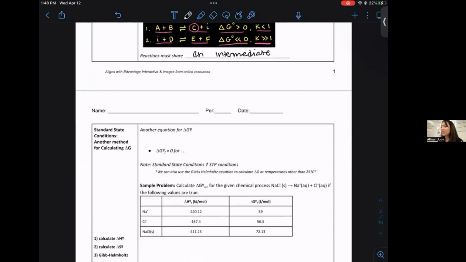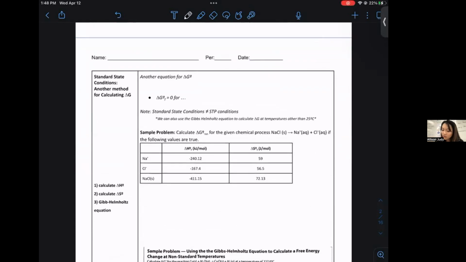Another equation for G. This is the new part. This is where we can find G from the products and reactants. What if we don't know enthalpy and entropy for the system, but we do have tabulated data for the products and the reactants?